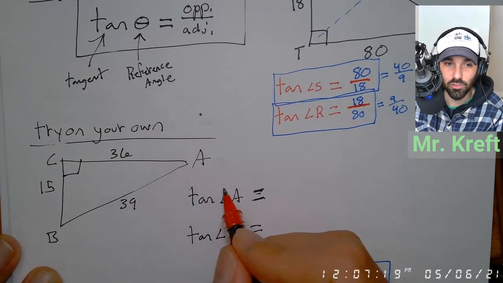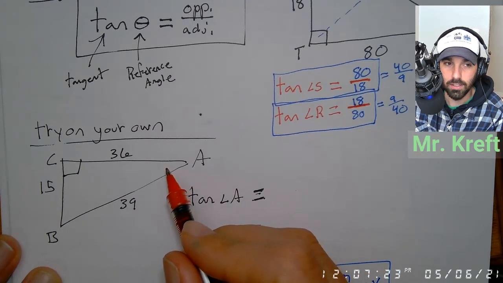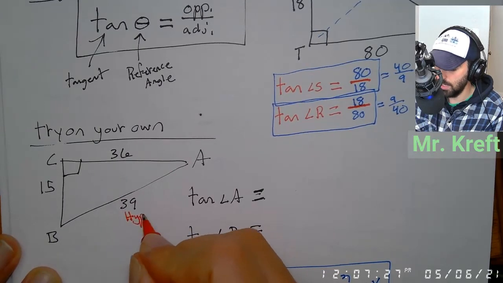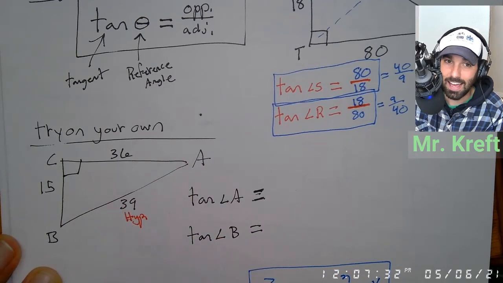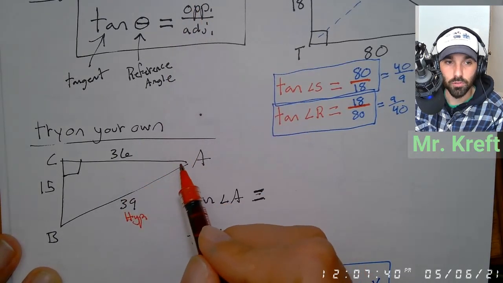So I'm looking at tangent of A. A is my reference angle, so I'm looking at the triangle through the eyes of A. It's always good to first find your hypotenuse. My hypotenuse is going to be across from my 90. That never changes, ever. Your hypotenuse is your hypotenuse. So in terms of A, I want opposite first.